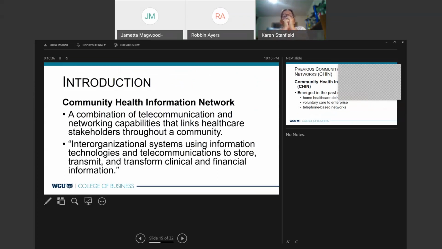One of these organizations that we're going to talk about is the Community Health Information Network. So, this was a combination of telecommunication and networking capabilities that link healthcare stakeholders throughout a community. Ultimately, this was an interface, a network, or an organization that created an interface for healthcare organizations within a specific community, right?